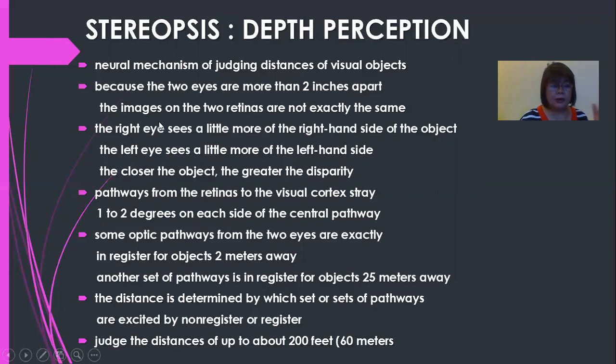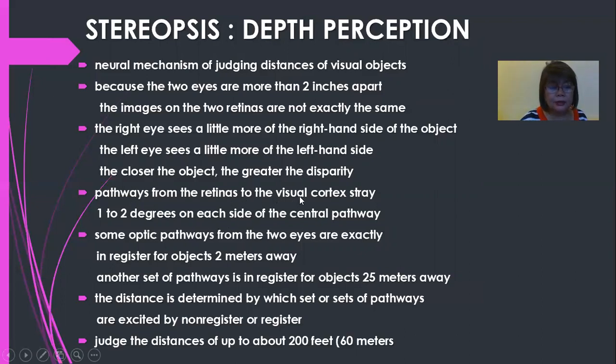The right eye sees a little more of the right side of the object. The left eye sees a little more of the left side. Like I cannot see what's here with my right eye. Okay, the closer the object, the greater the disparity.